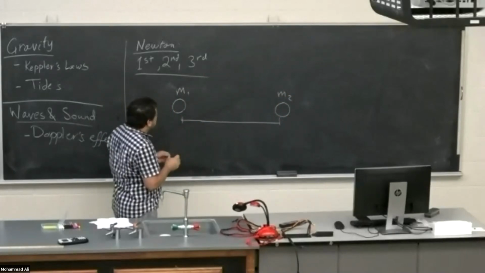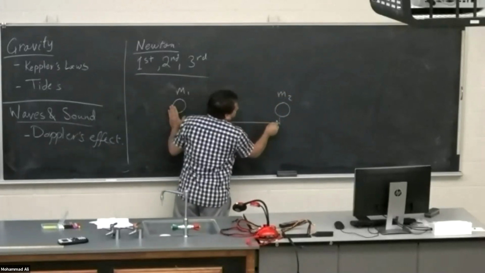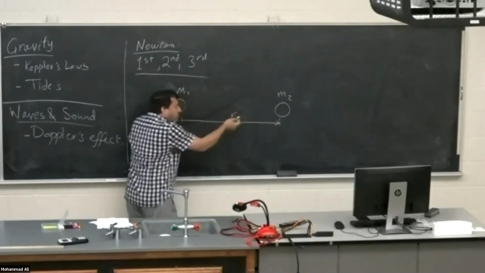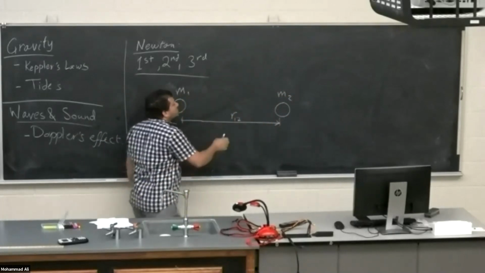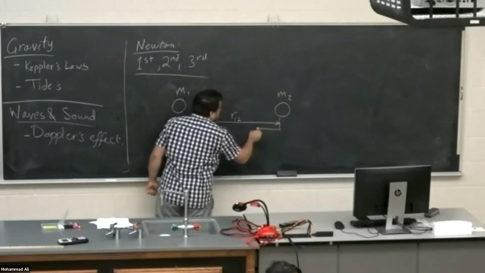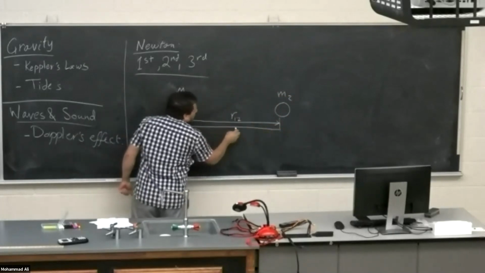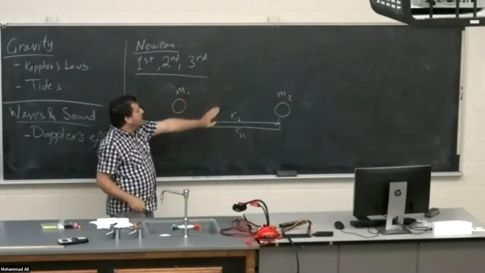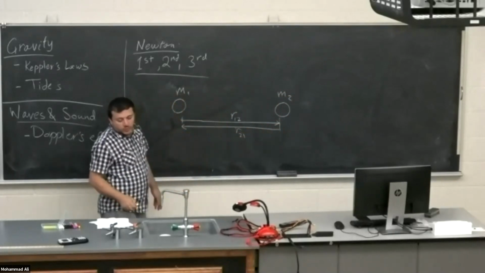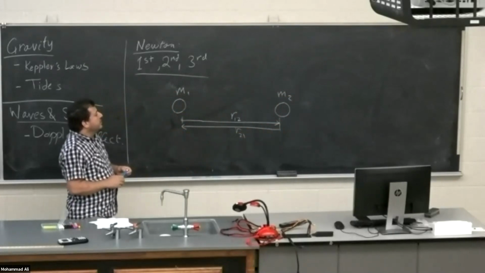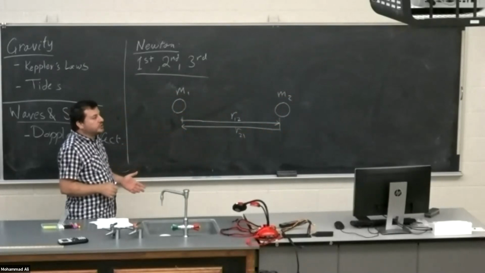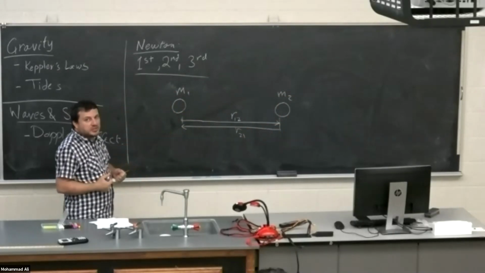And this distance from m1 to m2 is r12, from 1 to 2. Also, it is the same distance from 2 to 1. So we have r12 and r21. There is a force between these 2 objects, and this force is due to gravity.